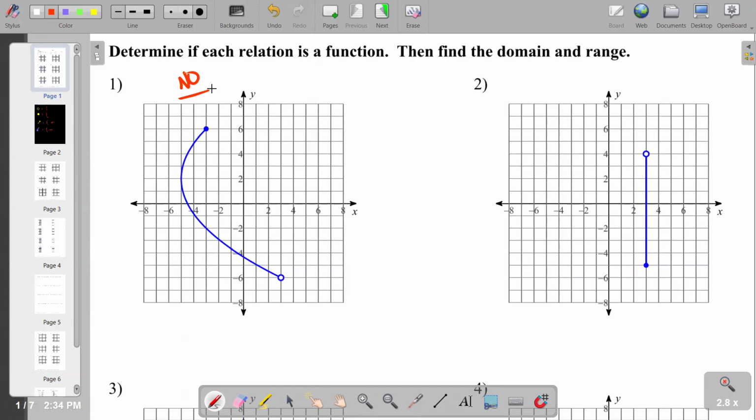I bet you can. And I bet if you put your pencil down, you're going to put it right down where I just put this red dot. Do you agree? So all you have to tell me is what is the x coordinate of that point. Therefore, your domain starts at -5.